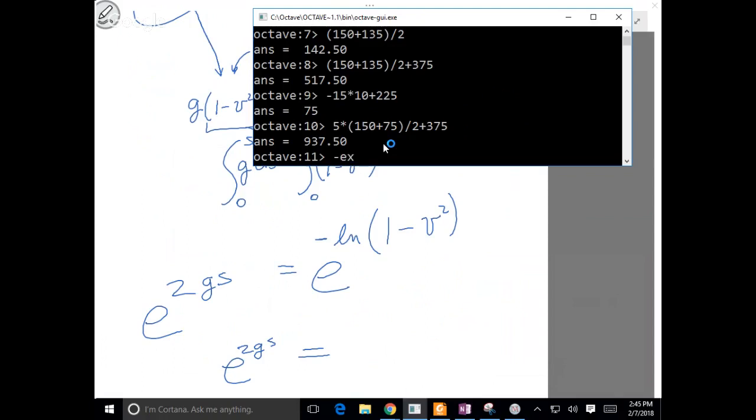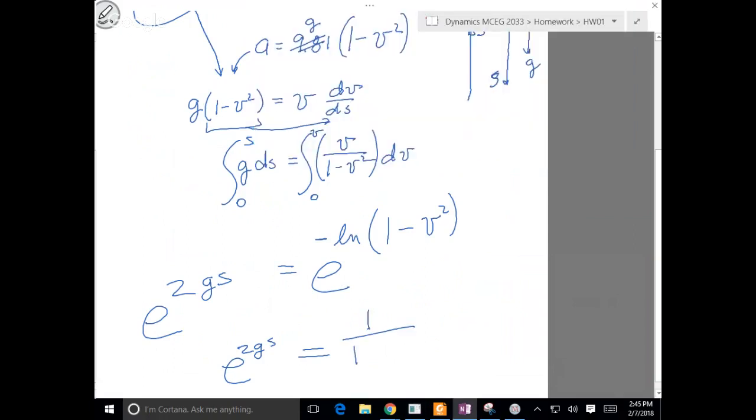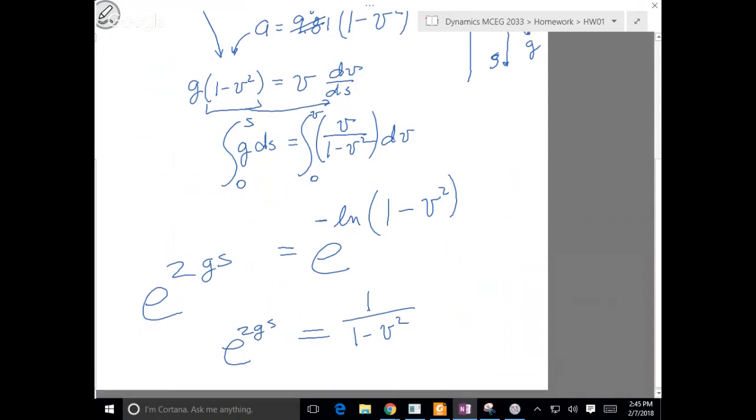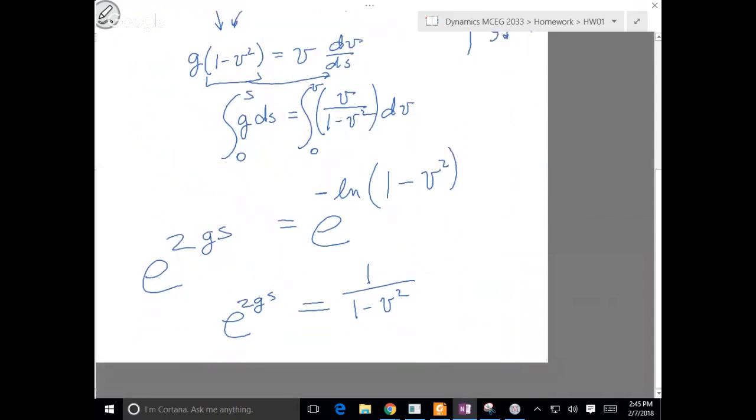Exponent of minus log of, say, 3, you should get a third, right? So what you should get is 1 over 1 minus V squared, which means, I mean, I'm chasing a rabbit now, a rabid rabbit for that matter.